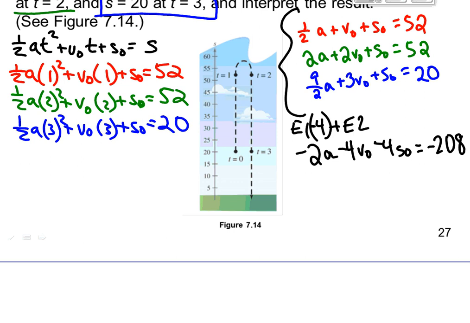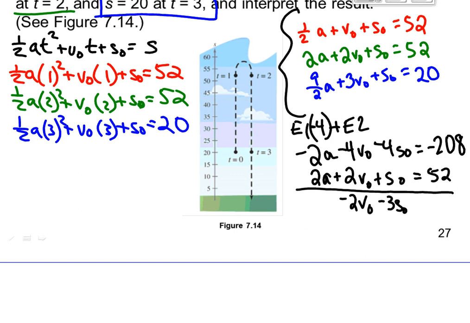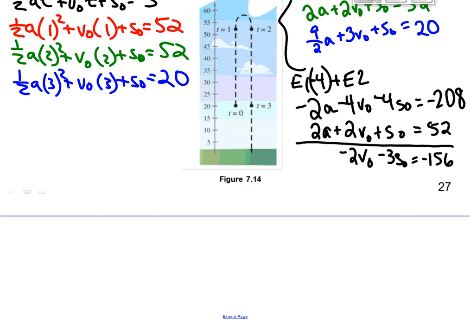And then we're just going to write the green E2 underneath, a2 plus 2v sub 0 plus s sub 0 equals 52. And then we'll just add those together, and we get -2v sub 0 minus 3 s sub 0 equals -156. And then after I do an operation, I'm just going to rewrite my system every time.